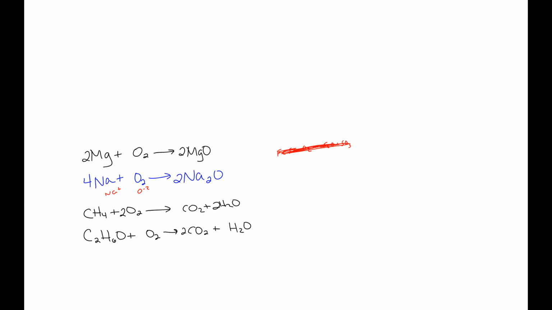So 2, 3, and 3. So there it is balanced. But this is considered a hydrocarbon, even though it has hydrocarbon and oxygen. So it's really technically called an oxyhydrocarbon, but it's still a hydrocarbon, okay? So you're going to get CO2 and H2O.